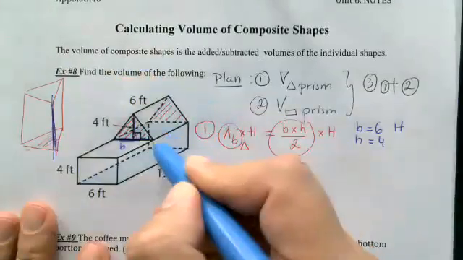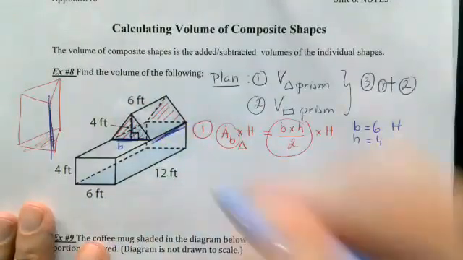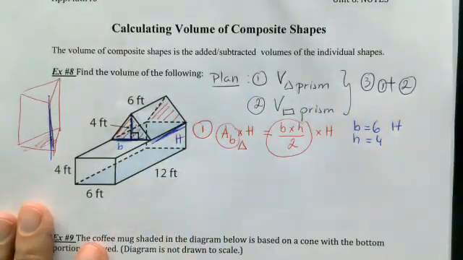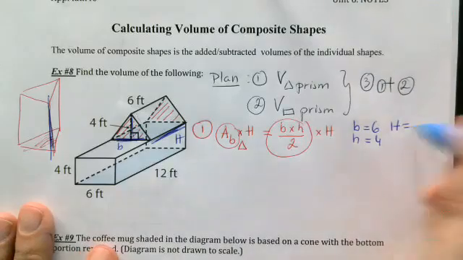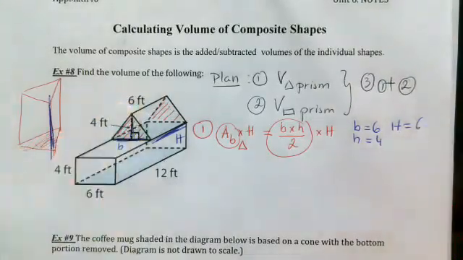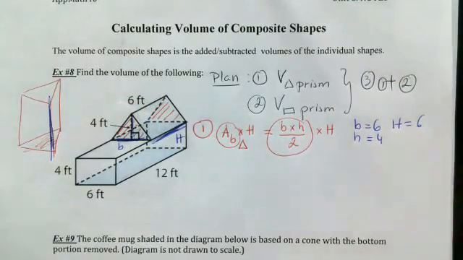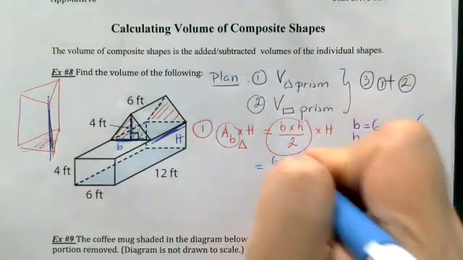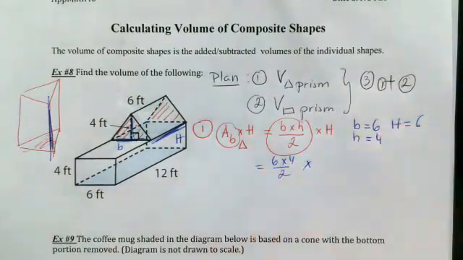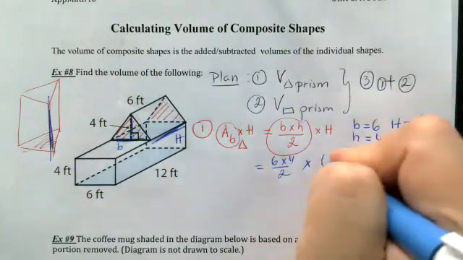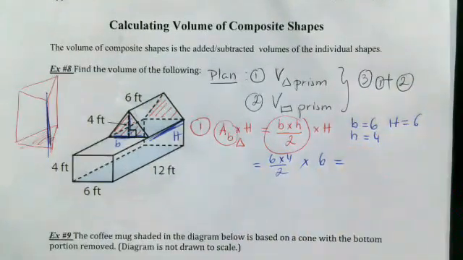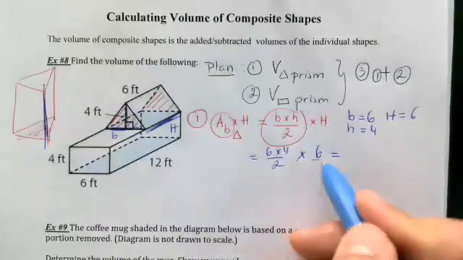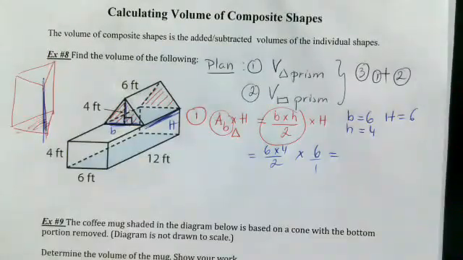This one. 6. All we're gonna do is just plug in, right? So let's do the area of the triangle. Base is 6, height is 4 divided by 2, and the height of the prism, 6. You can do it all in one go like this. 6 times 4 times 6 divided by 2, right? What are we getting?